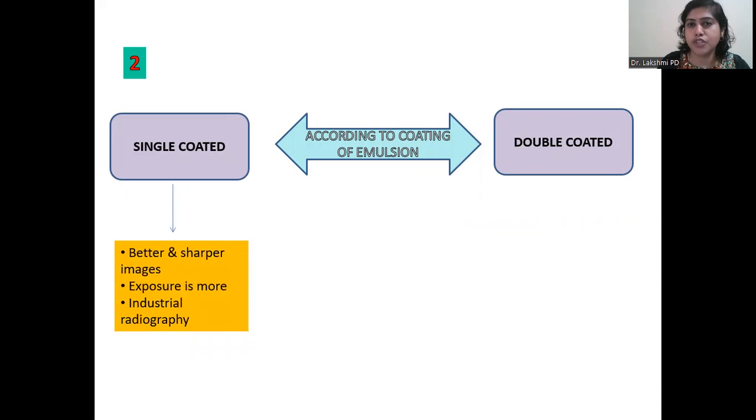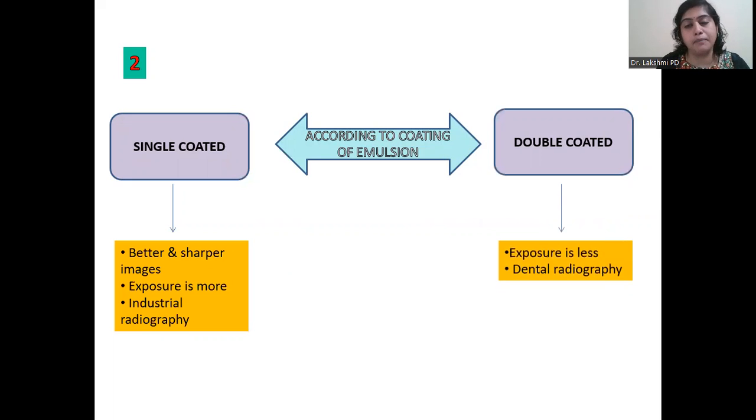Single coated films are usually used in industrial radiography as it requires a much higher amount of X-radiation exposure to create a very sharp image. However, in dental radiography, we use double coated emulsion films because they require comparatively lesser exposure for creating a very clear radiographic image.